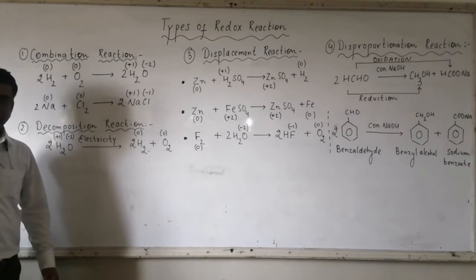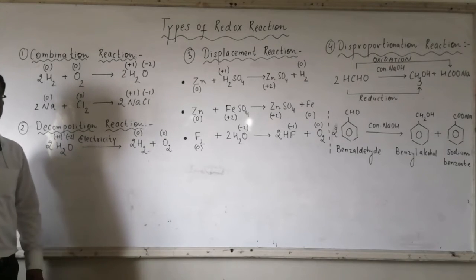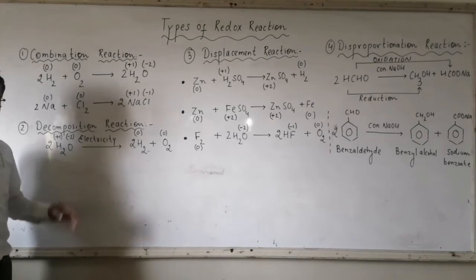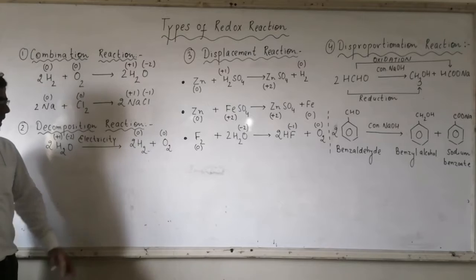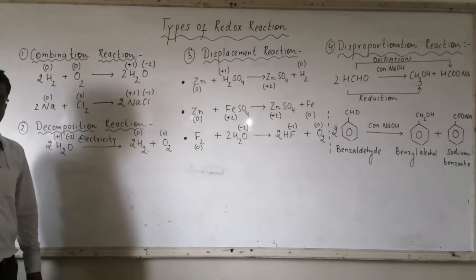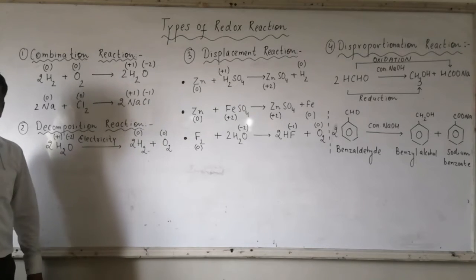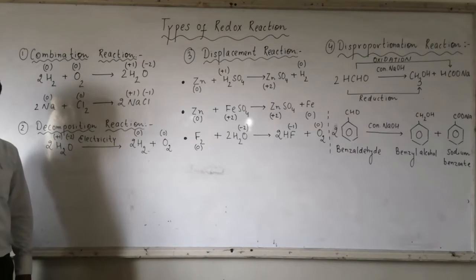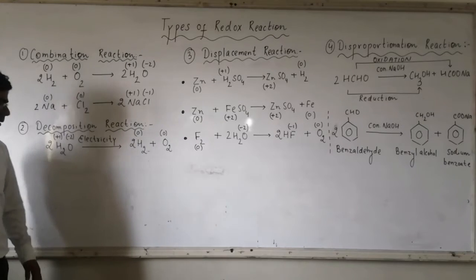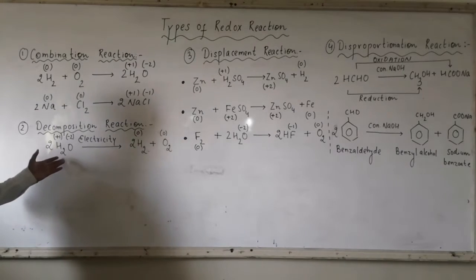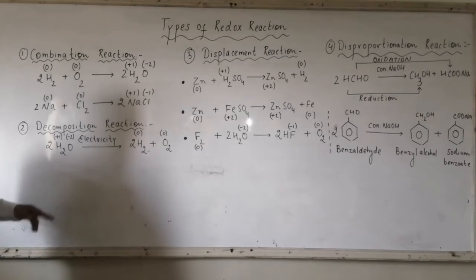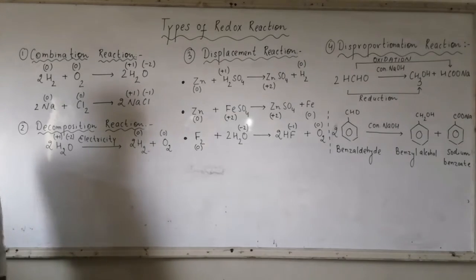Compound water gets converted to its elemental form, free state. So when water gets converted to H2 and O2 in presence of electricity or current, then just see the change in oxidation state. In H2O, oxidation state of hydrogen is +1 and for O it is -2.